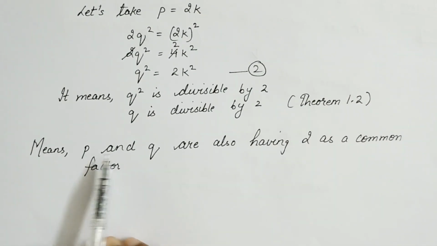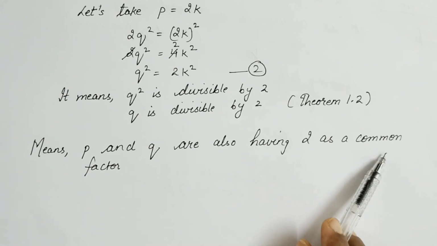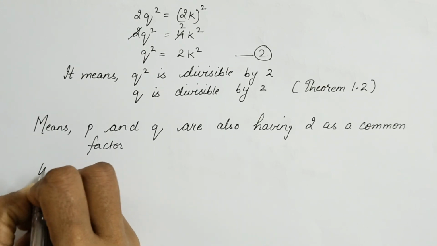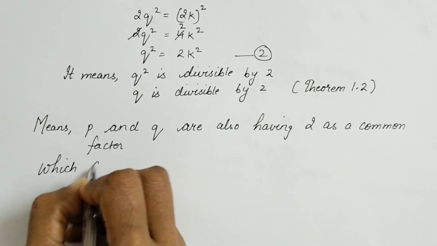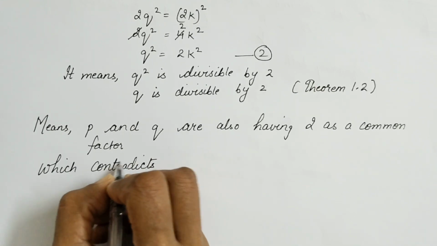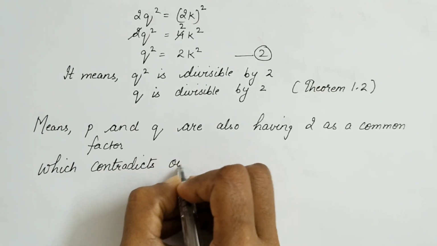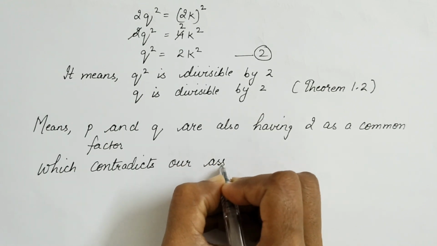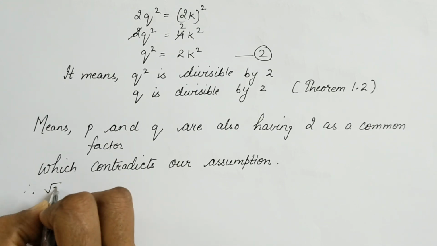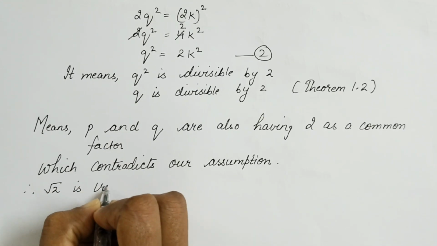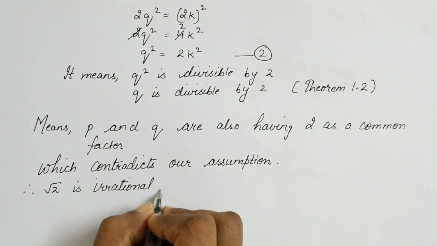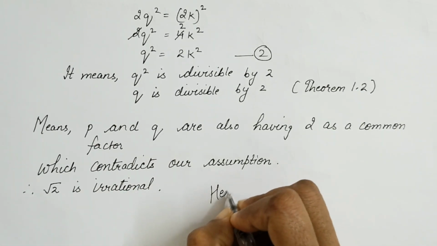It means P and Q are also having 2 as a common factor, which contradicts our assumption. And therefore, we can say that root 2 is irrational. Hence proved.